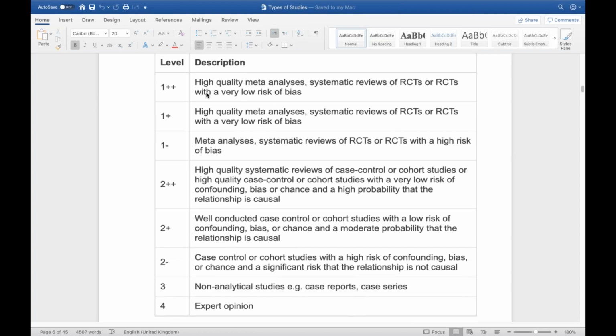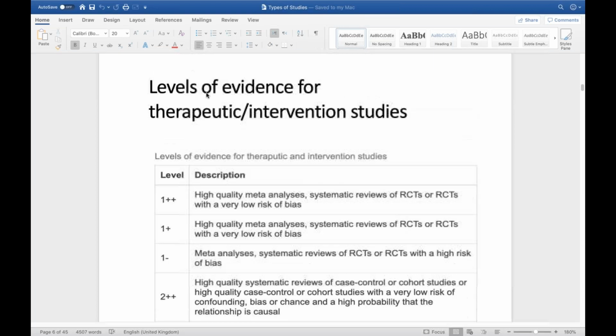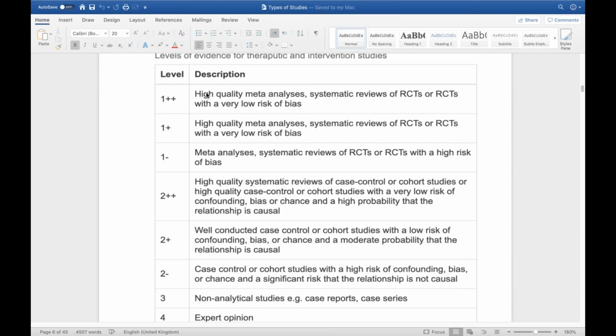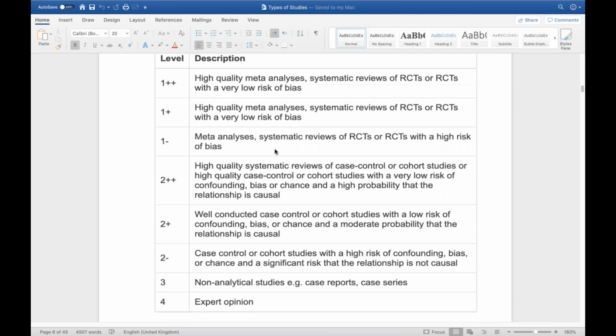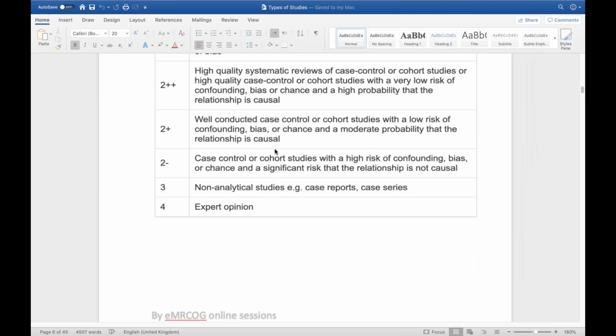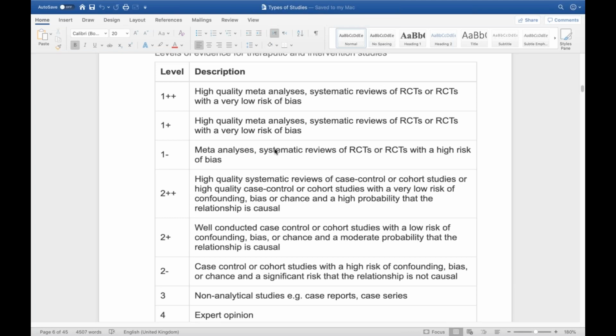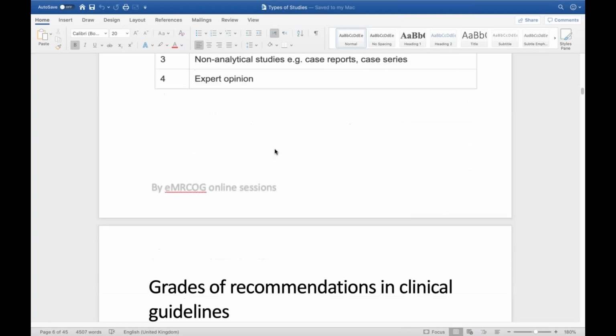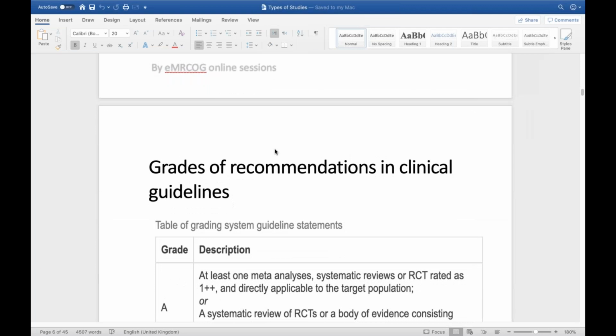But in this type of classification, we call 1++ the strongest. That's what they call it. You have to go through them quickly before your exam. I'm just giving you a way of answering the multiple choice questions if this comes up.